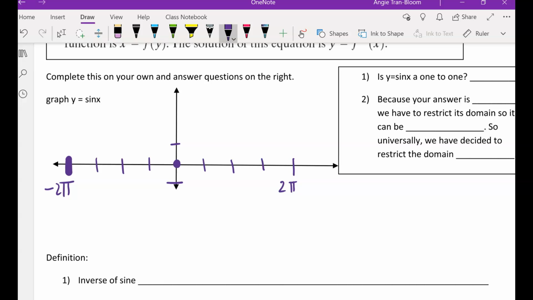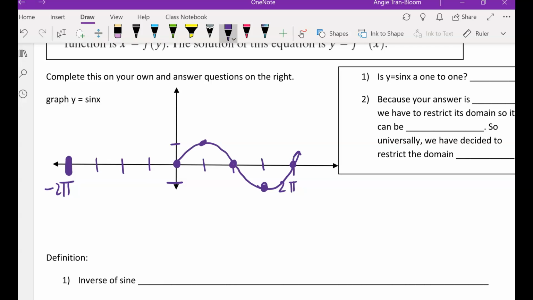Jason F., what's sine of pi over 2? 1. Perfect. Sine of pi, please, Tani. Perfect. Sine of 3 pi over 2, Chris B. Negative 1. And then back to 2 pi. Blake, sine of 2 pi? 0. Perfect. So connect our dots.